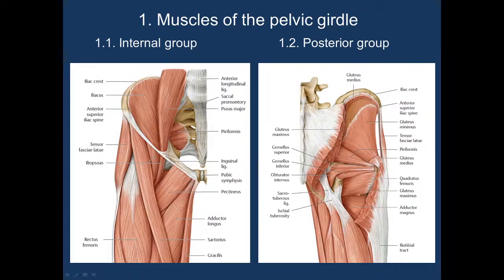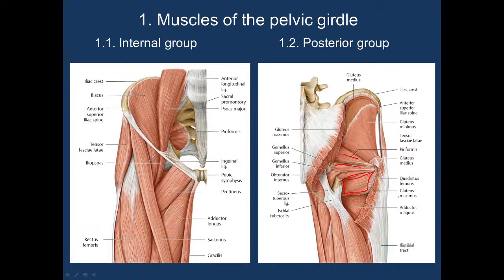We also can find the piriformis muscles and the gemellus muscles around the obturator, and the muscle which has the name quadratus femoris, and even the external obturator, which is located deep under the quadratus femoris.